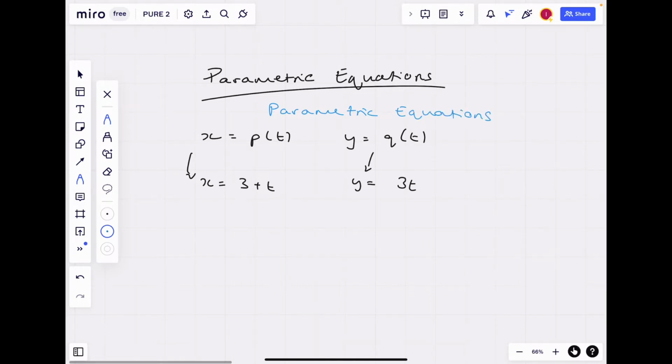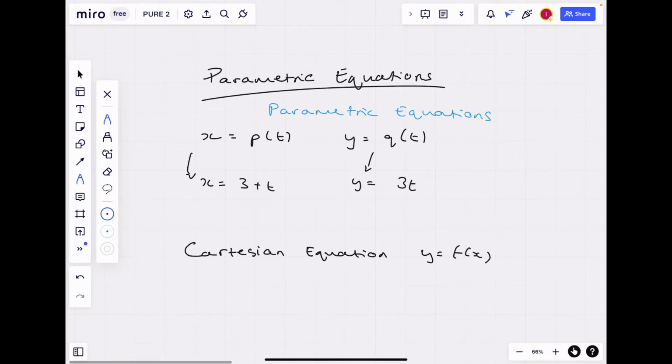Now, what you can do is combine those parametrics into what's known as a Cartesian. A Cartesian equation is your standard y equals f(x).